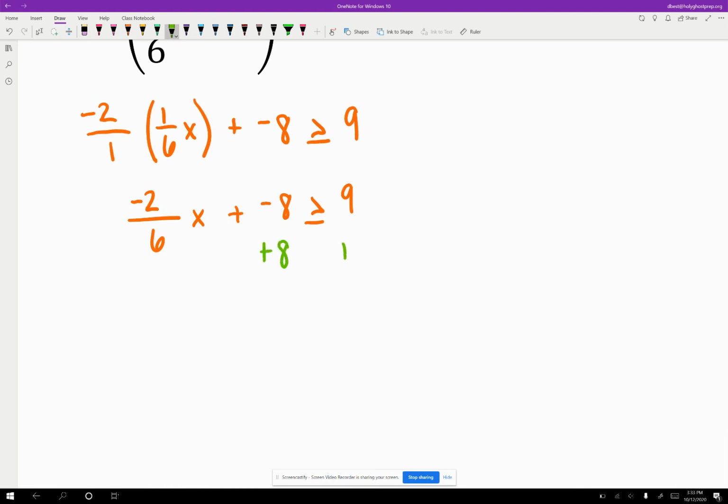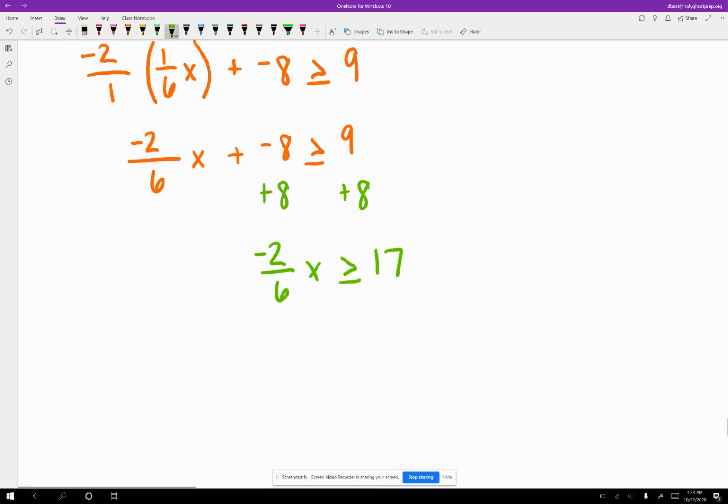So I added 8 to both sides. I got 17. And to get rid of my fraction, remember we multiply by the number in the denominator. So you should have multiplied both sides by 6. And when we do that, we have negative 2x is greater than or equal to 102.